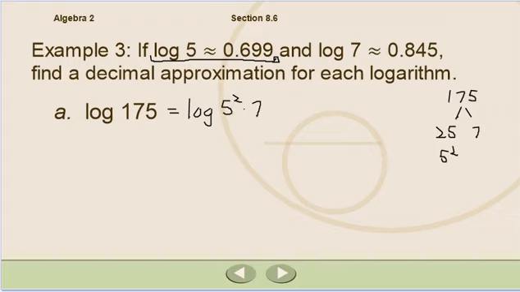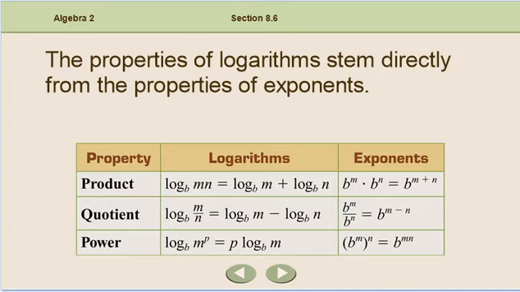So let's go ahead and expand this a little bit. These are two things multiplied together. So we know when we have things multiplied together within our logarithm, we can split it up. So log of 5 squared plus log of 7. That's using this property here, the product property, splitting up multiplication into adding two logarithms.